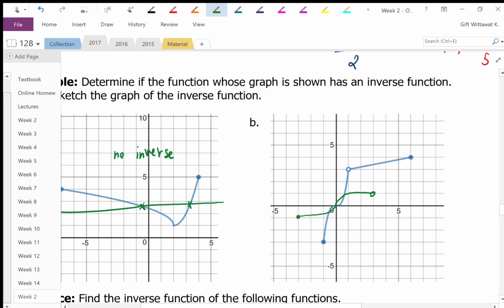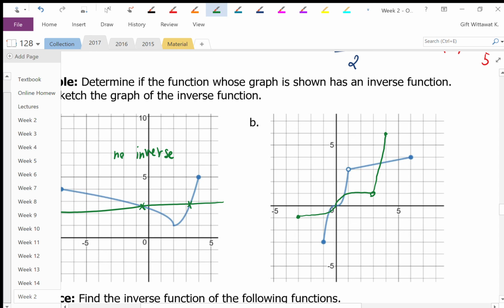The mirror image of the first piece looks something like this. The mirror image of the straight line is going to look like this.